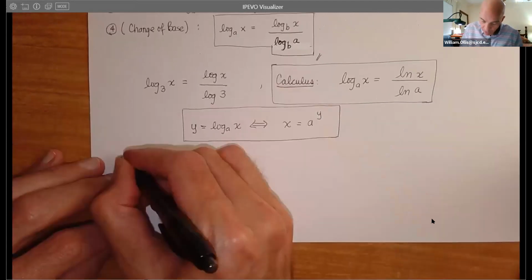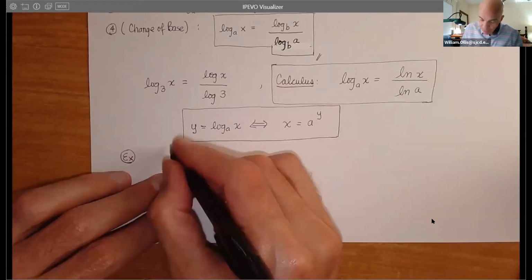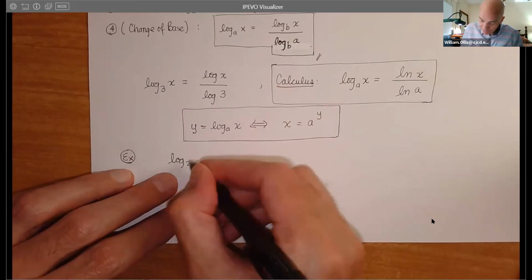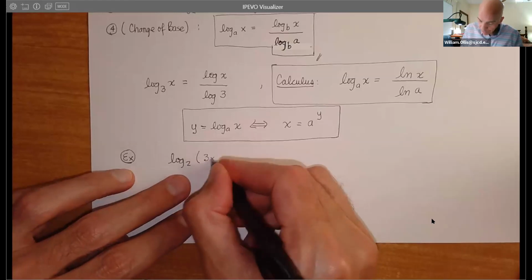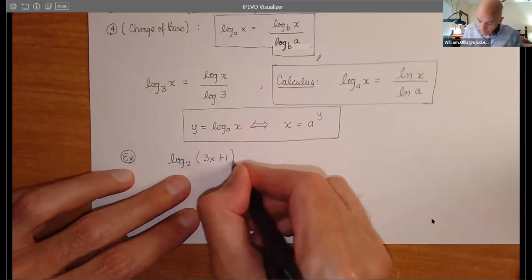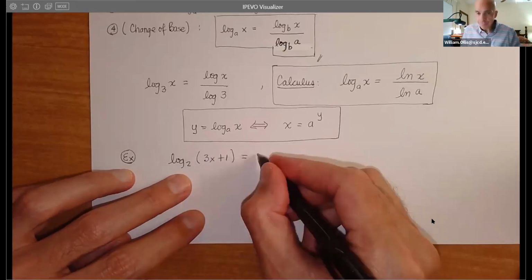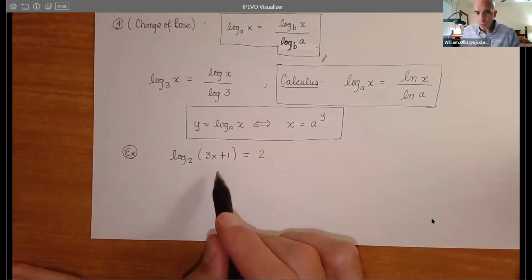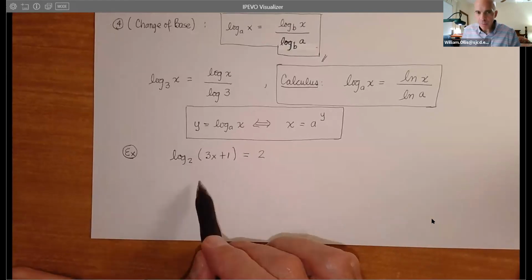So let's just look at some very, very simple calculations here. Say we had something like the base 2 logarithm of 3x plus 1 equals, and if you like, we'll just put a 2 here. Now, when you look at this and you think about this standard equation, you're thinking, okay, well, what's a logarithm? It's a power of the base.